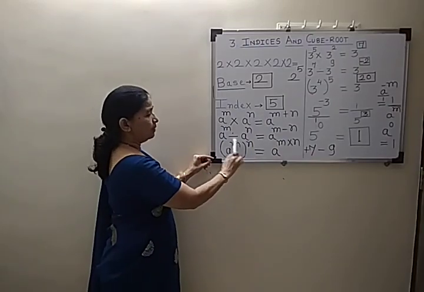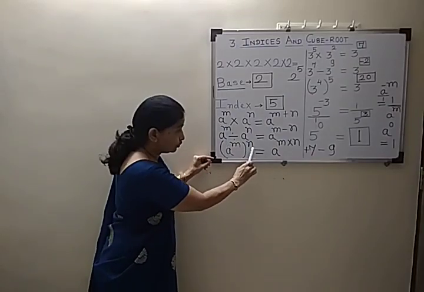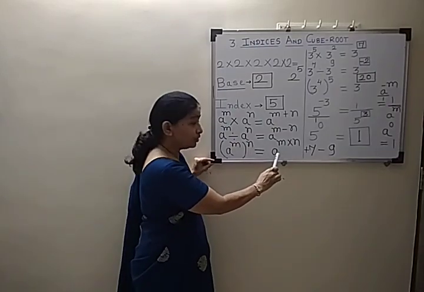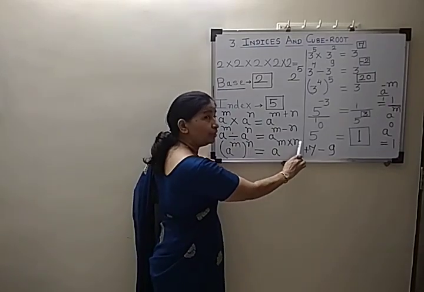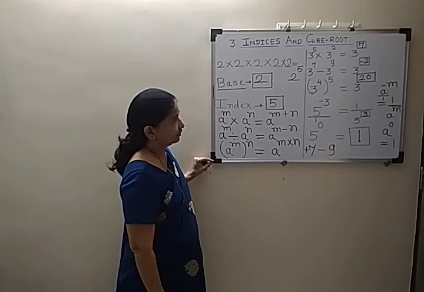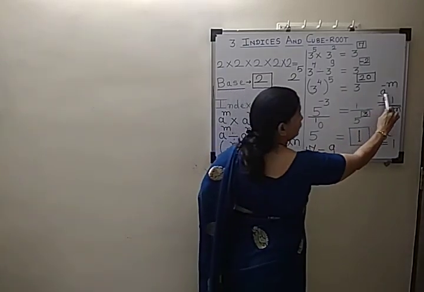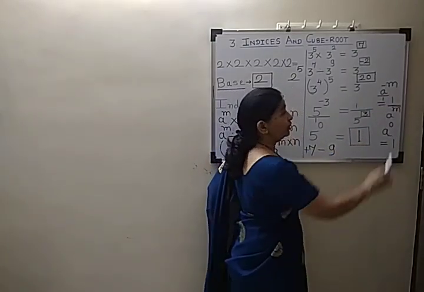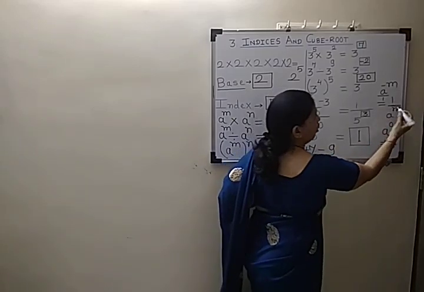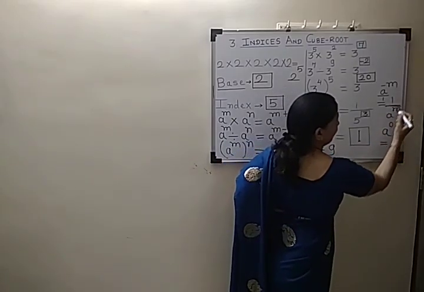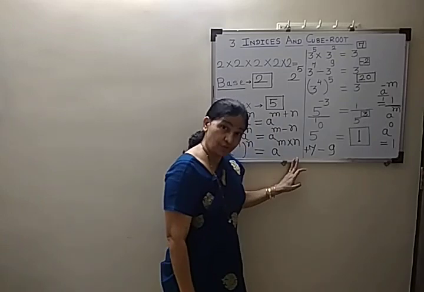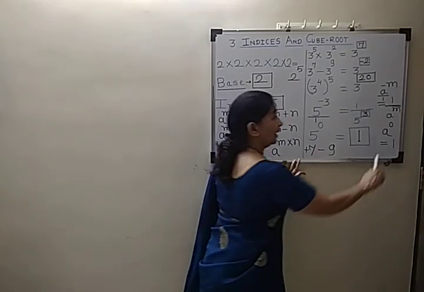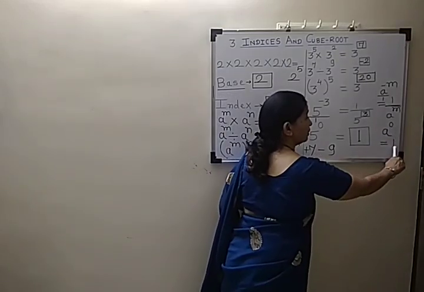A raised to m, that bracket raised to n is equal to a raised to m into n. Then a raised to minus m is equal to 1 upon a raised to m, sign gets changed, and a raised to 0 is equal to 1.